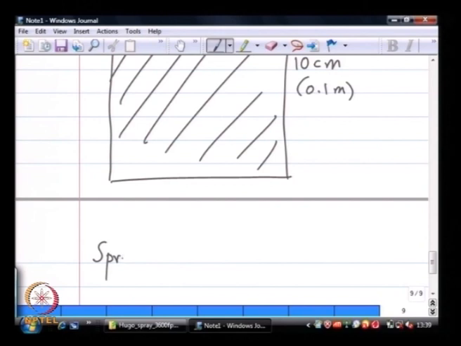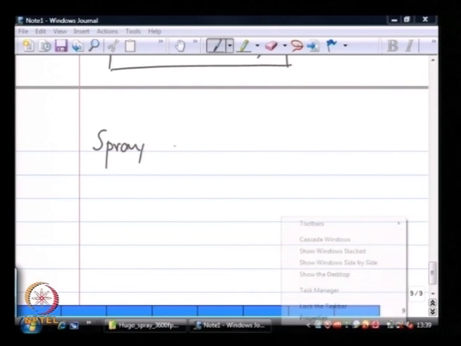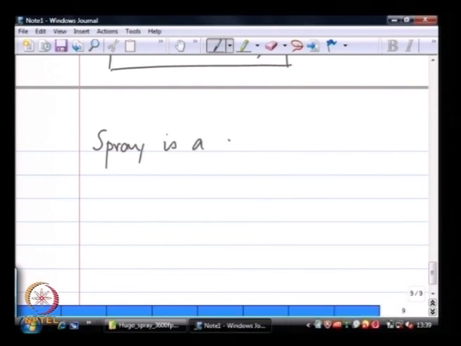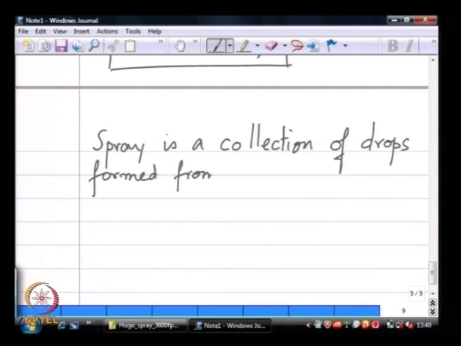So, at least as far as our definition is concerned till now, spray is a collection of drops formed from a bulk liquid source.